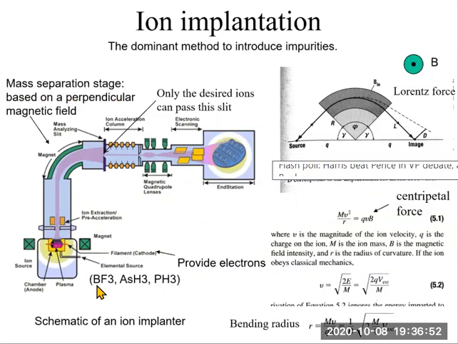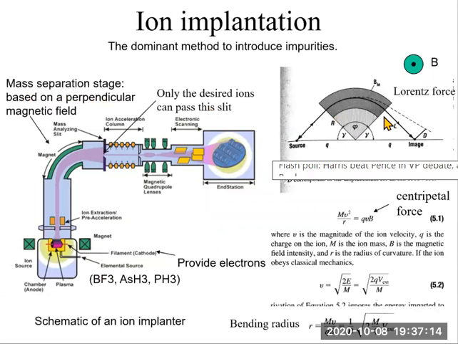For example, if we only want to choose boron, this stage will select the boron and block other ions. The operating principle of the mass separation stage is shown in this figure.